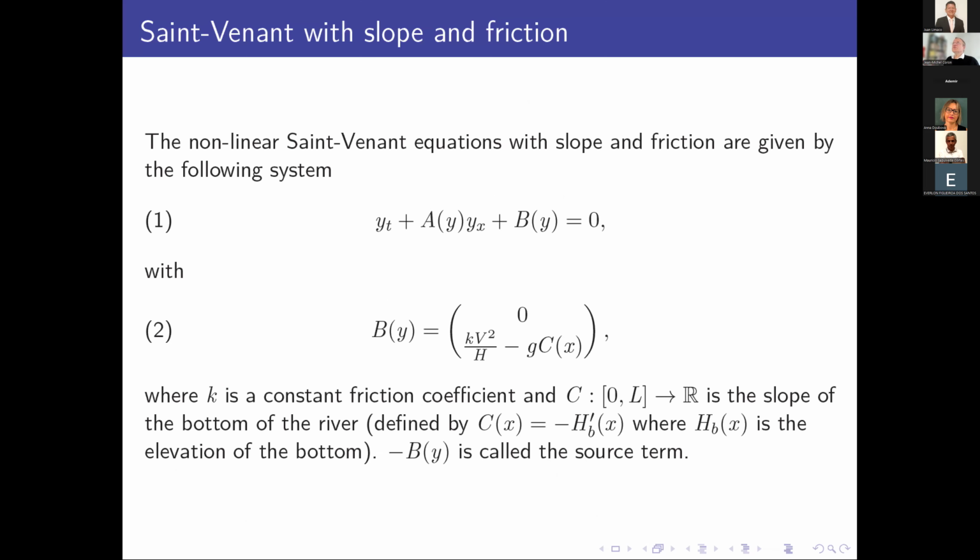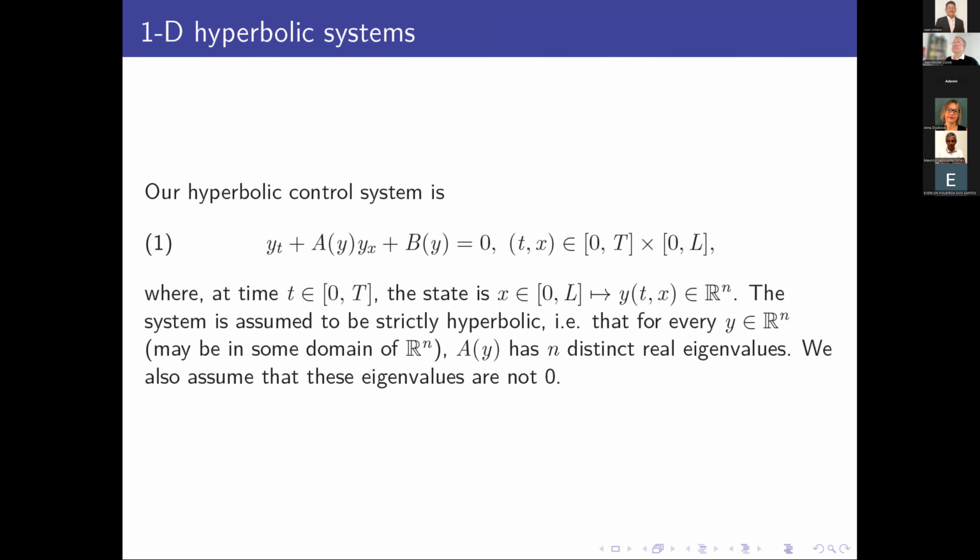And when there is a source term, if you consider the Saint-Venant equation with slope and friction, the situation is a little more complicated. You still have y_t plus A(y) y_x is equal to 0, but you have to add some B(y), where B is given by this expression. So this will be the general framework, y_t plus A(y) y_x plus B(y) is equal to 0.